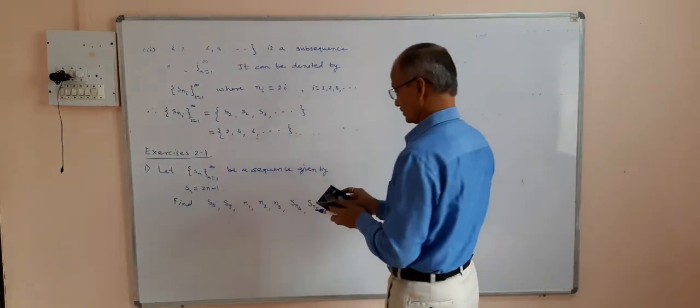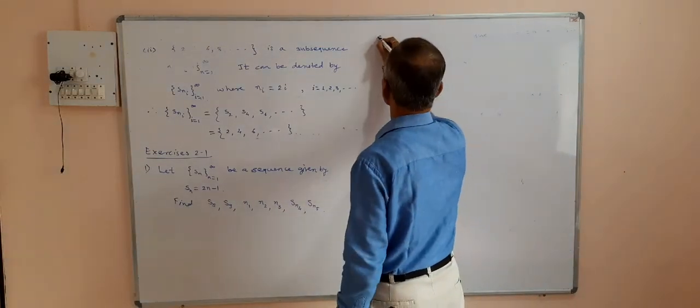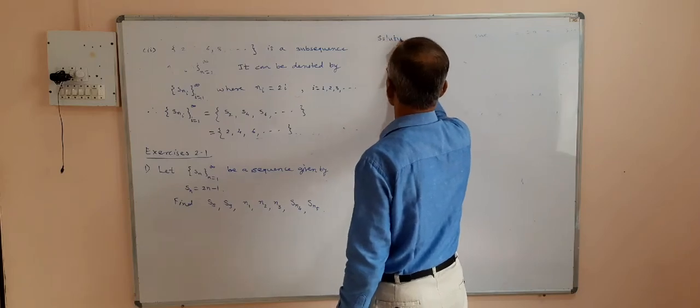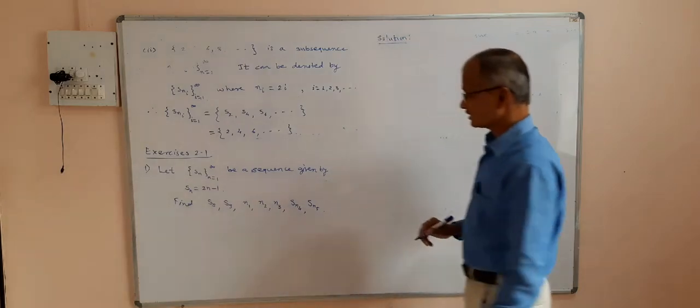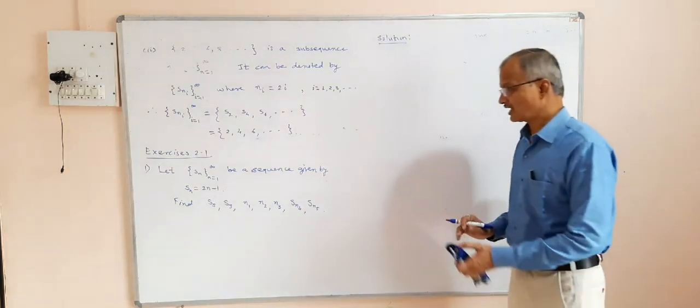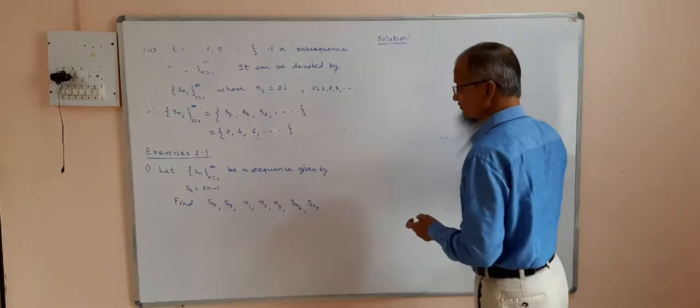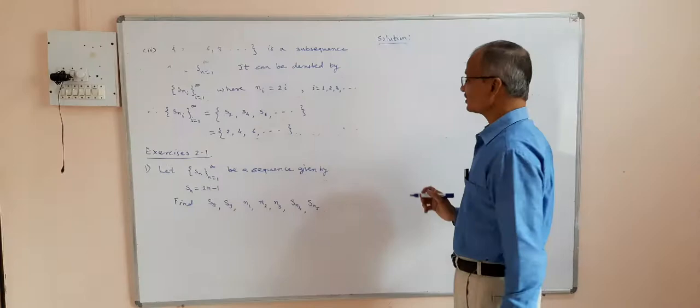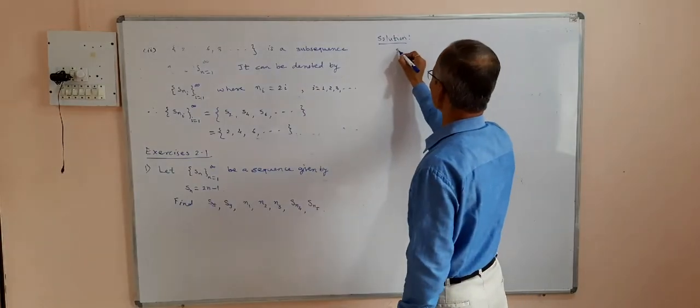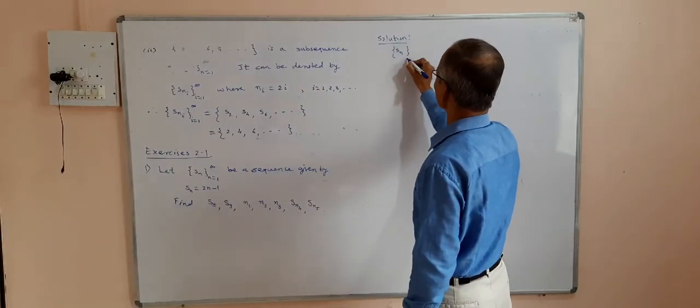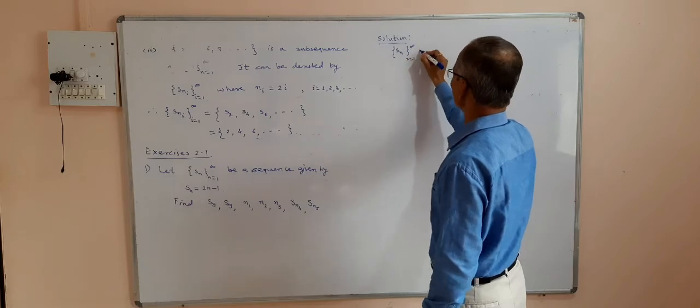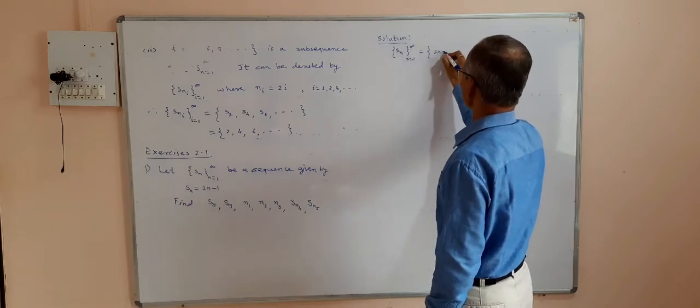Now the solution for this. What is given here? S_n is 2n minus 1. So the actual terms of the sequence will be like this: S_n is a sequence from n equals 1 to infinity, and that is 2n minus 1.